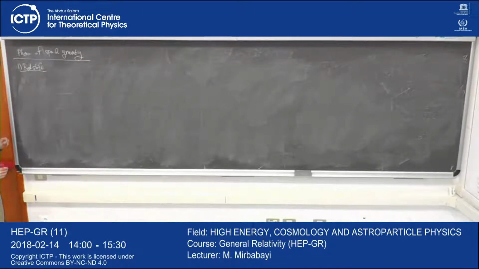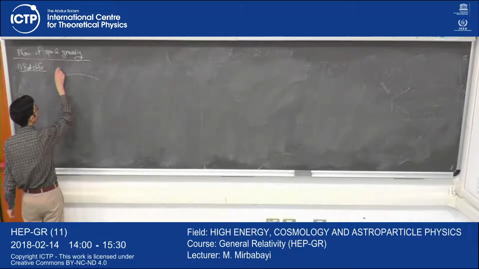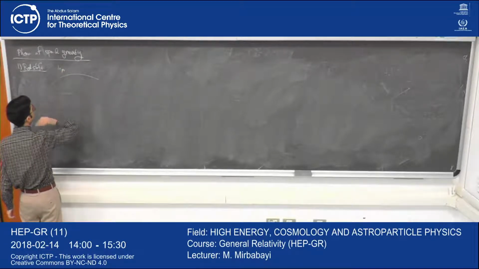And the way that we can determine it is very similar to before. We can again consider small clocks or small rulers that live on some background gravitational field, which is described by h mu nu.